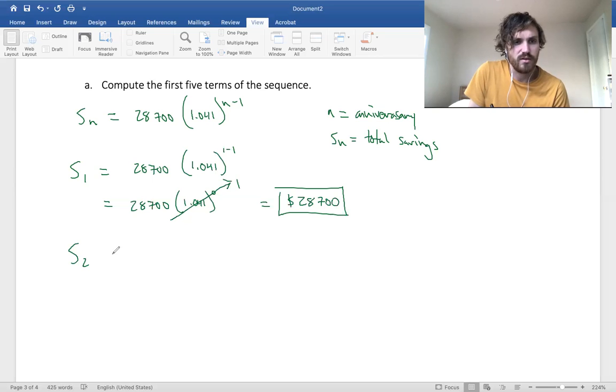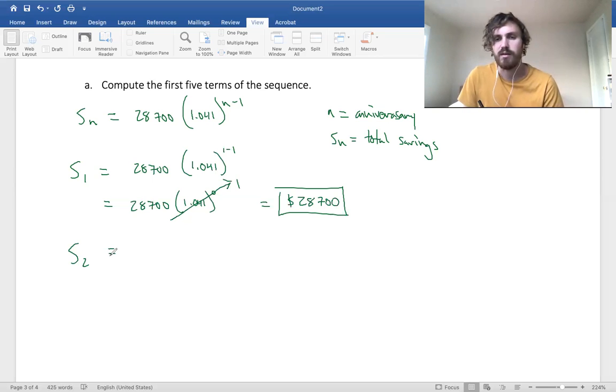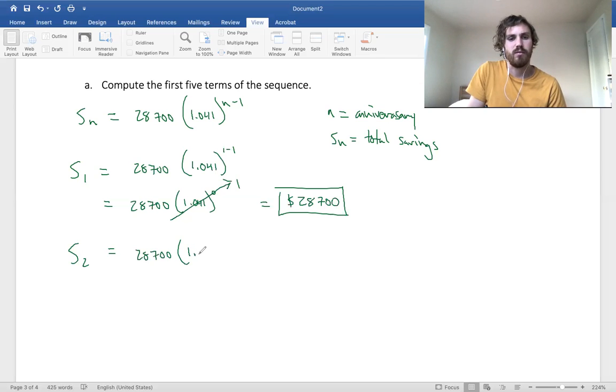Now S sub 2 is going to give me the amount in the account for that second year. So in the year leading up to the second anniversary. And that should be 28,700 times 1.041 to the n minus 1. So 2 minus 1, which is 28,700 times 1.041 to the 1.